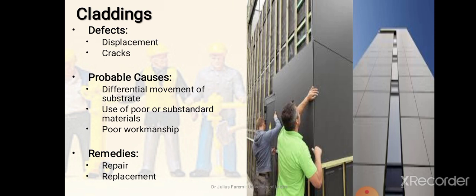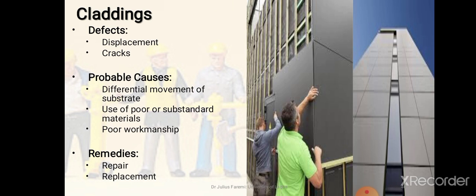Defects in claddings. Claddings are coverings to building envelopes. Oftentimes, claddings are installed around the building envelope to enhance the aesthetics of the building.